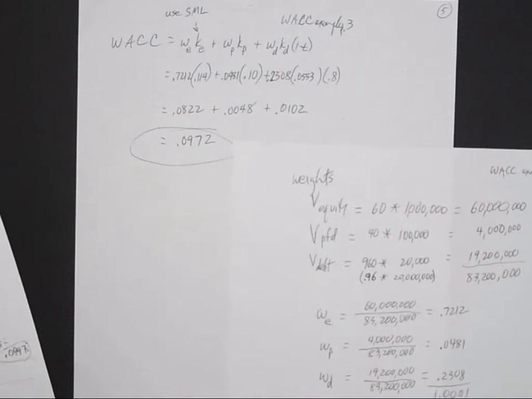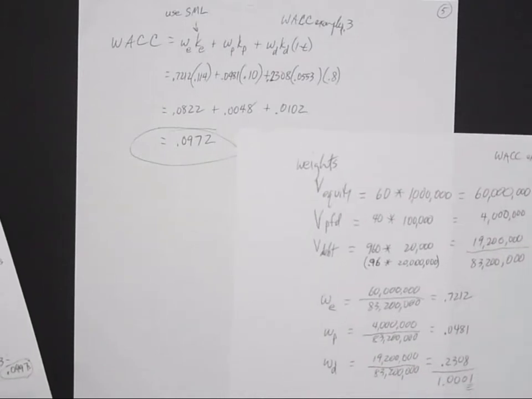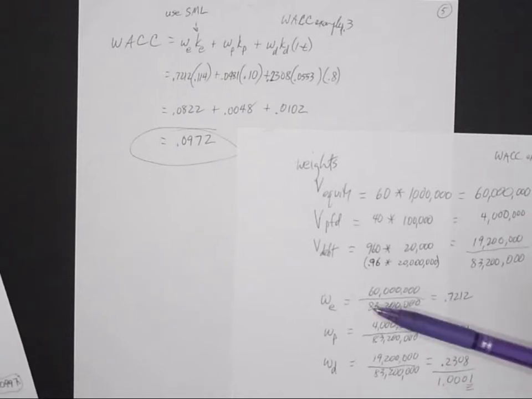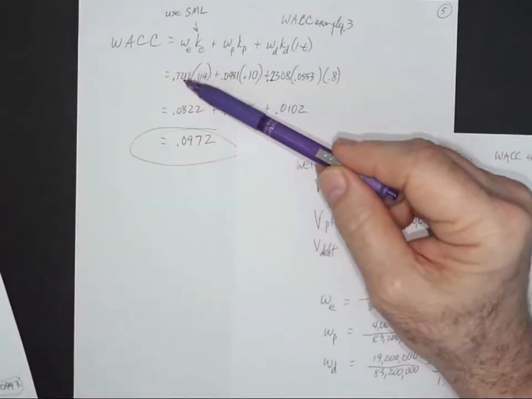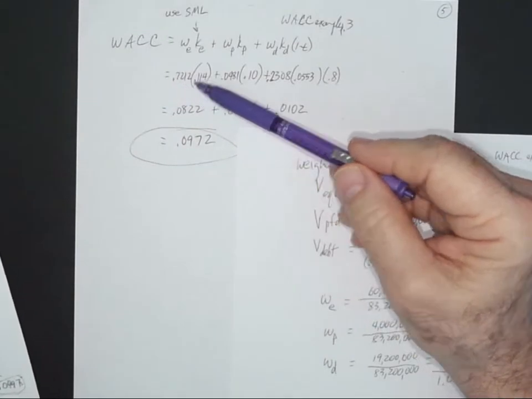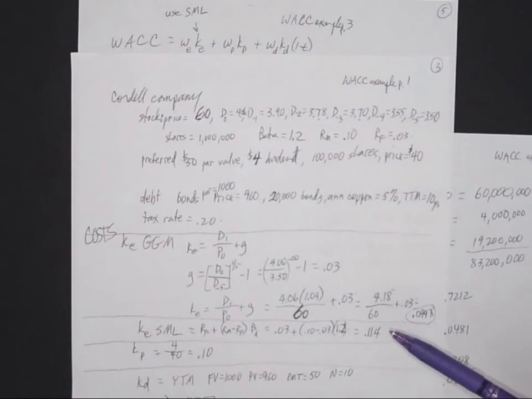The weight of equity is 0.7212. So we're going to multiply 0.7212 times whichever version I use in the problem for the cost of equity.